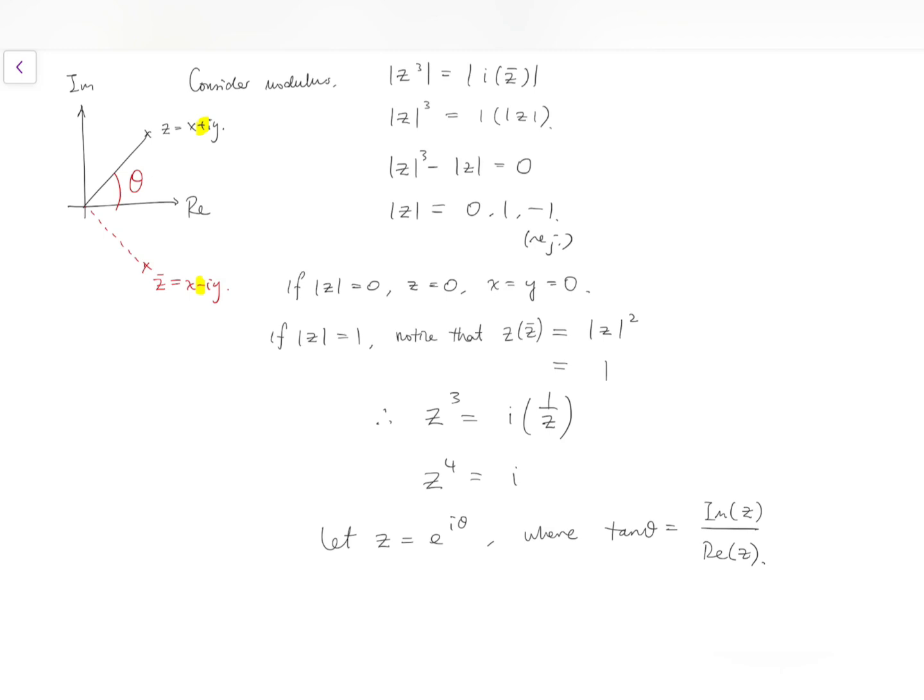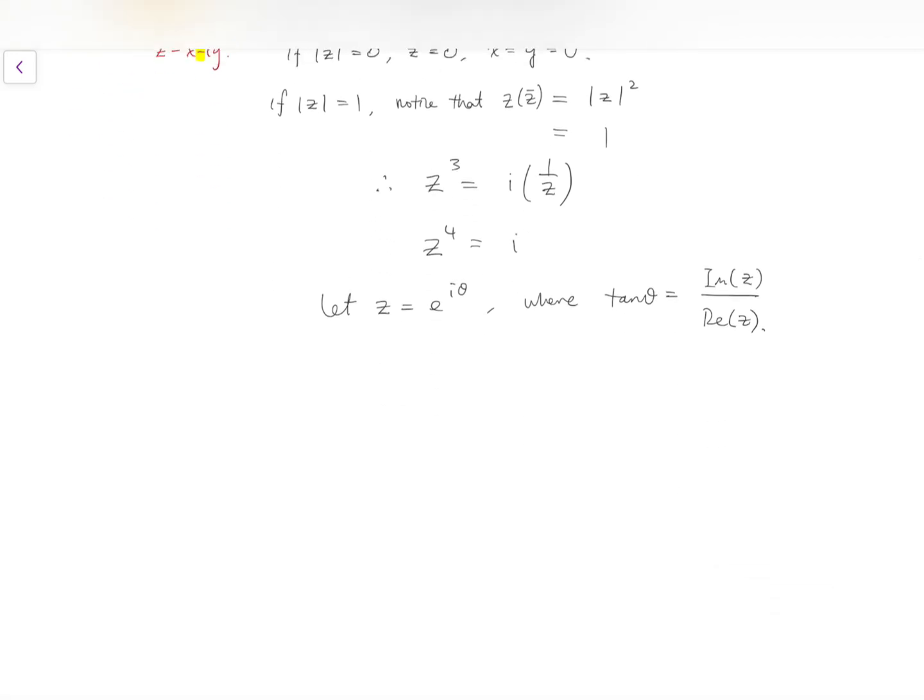The angle that is formed by rotating, starting from the positive real axis in the anti-clockwise direction to the segment that joins the complex number and the origin.